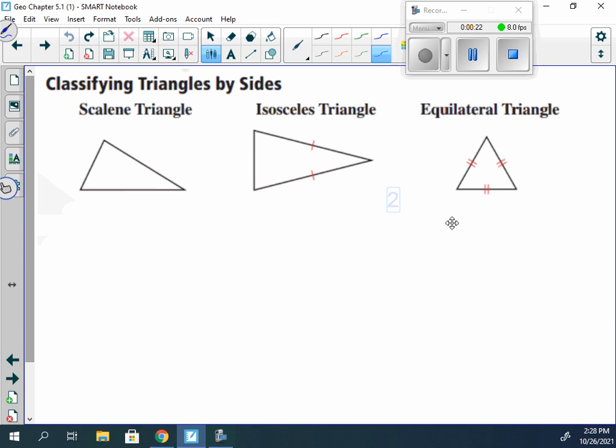Now, the first thing we're going to do is talk about classifying triangles by their sides and angles. Now, based off of the vocab sheet that you guys did yesterday, we would classify a scalene triangle by what? What makes it a scalene triangle? There's no congruent sides. If the triangle is scalene, it has no congruent sides.